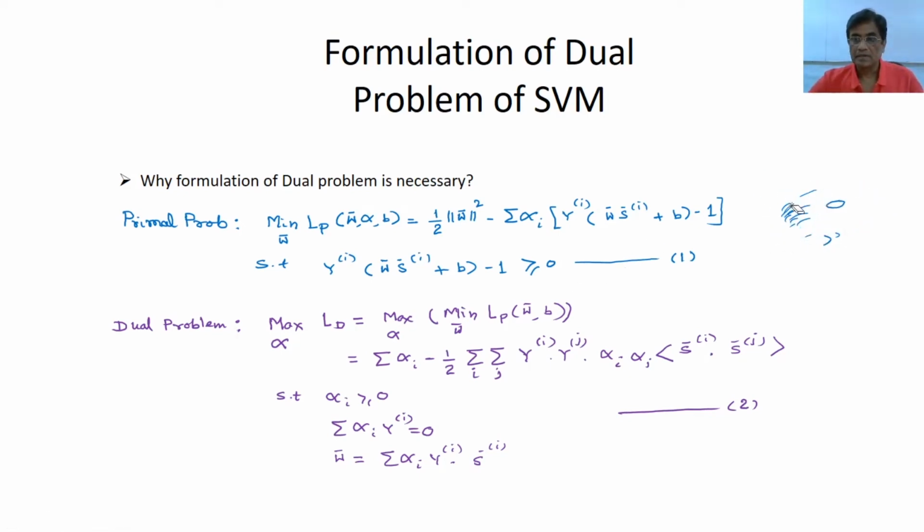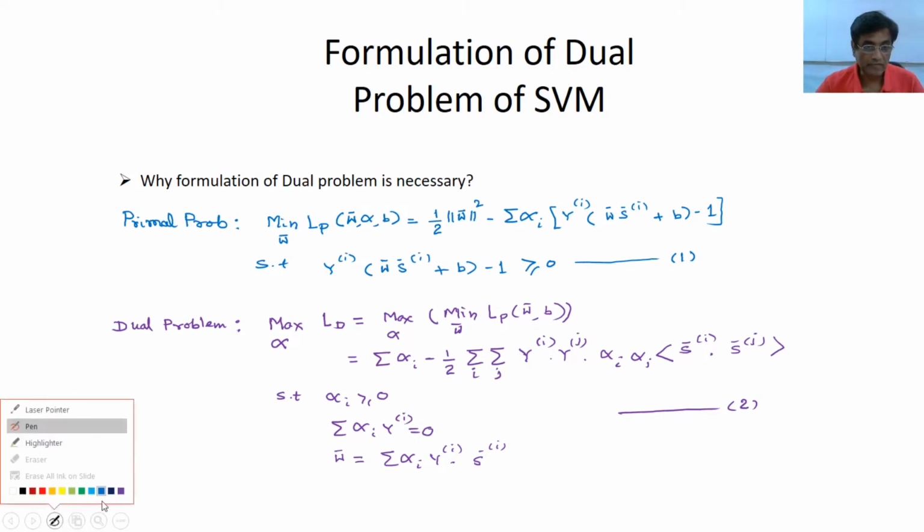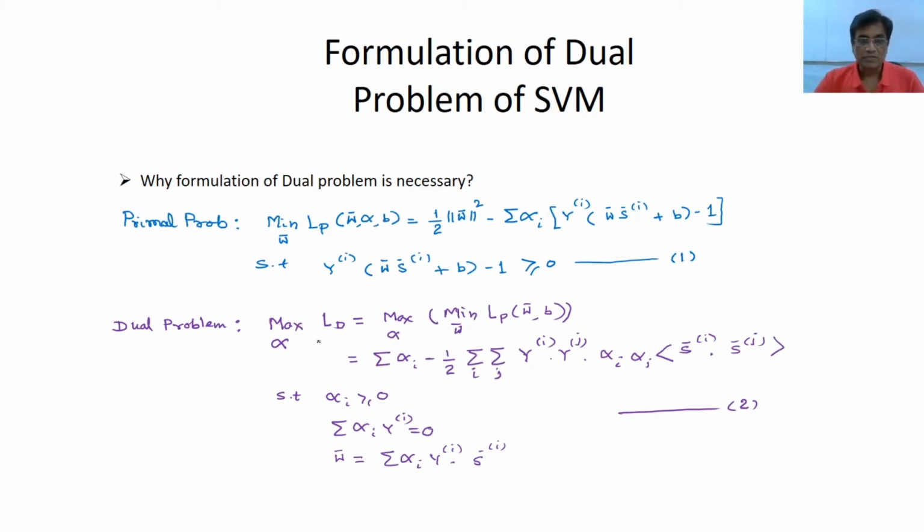Having understood everything about the primal problem, our dual problem is the maximization of the primal Lagrangian with respect to alpha, that is, with respect to the Lagrangian multiplier. So essentially, maximize LD over alpha.